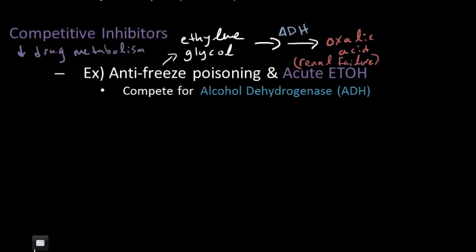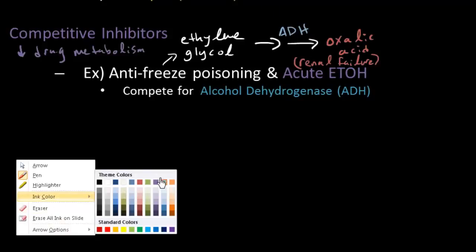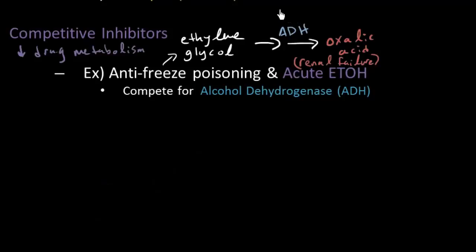And so what acute alcohol use is doing, or giving a bolus of alcohol, if I give ETOH, what's going to happen is it's going to inhibit that alcohol dehydrogenase, and therefore the levels of oxalic acid won't be created as quickly. We're less likely to get renal failure, and we might even be able to find other ways to get rid of these metabolites.